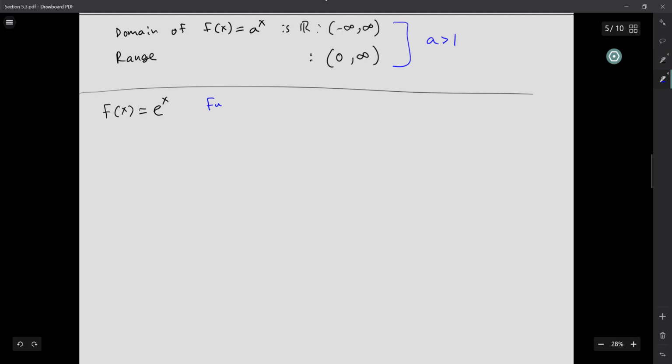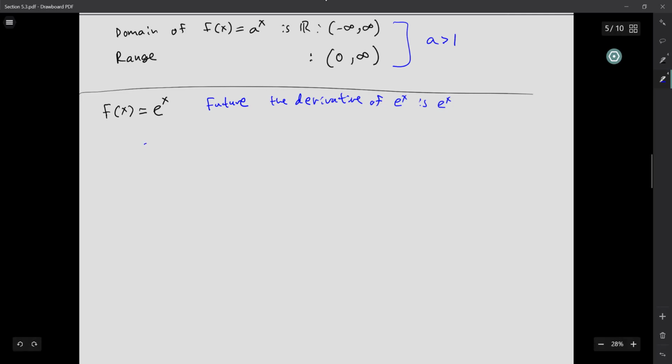So in the future, this function is our favorite because the derivative of e to the x is actually itself. Which is probably the primary reason we use it for natural things, is because its derivative is itself. And so that simplifies the process in a lot of problems.